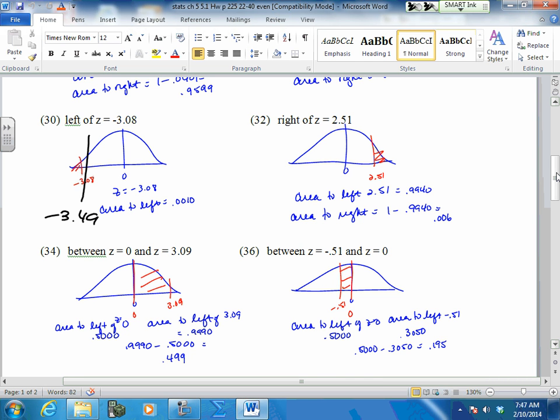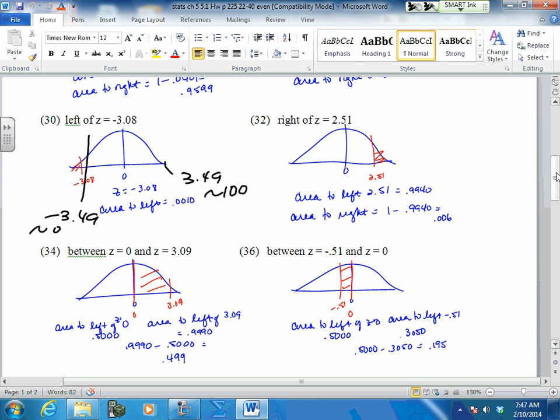Negative 3.49, positive 3.49. Down here, look how small it is. It's fairly small. Your end point here is negative 3.49, which means anything to the left of this is virtually 0. Anything to the right of this is virtually 100%.